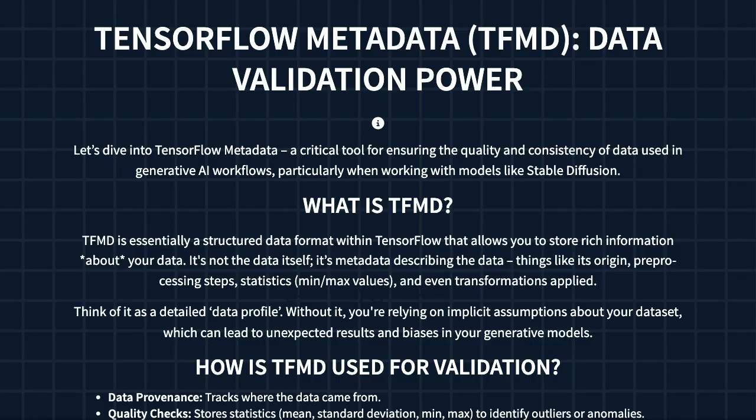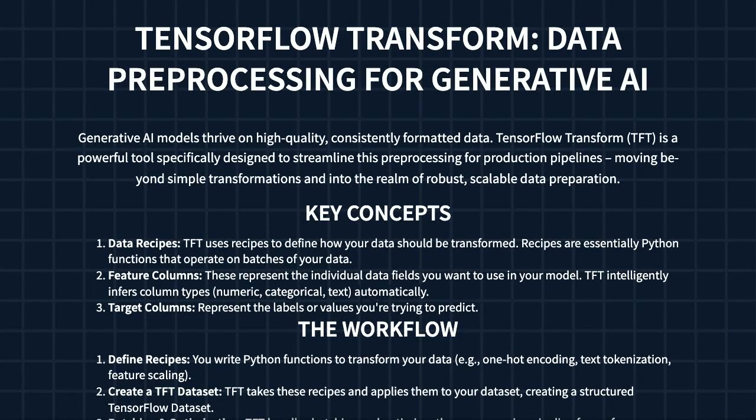Okay, let's talk about how TensorFlow Transform or TFT plays a critical role in getting your generative AI models ready for production. Basically, TFT is like a super efficient data chef, handling all the complex transformations you need to do before feeding your data into the model.